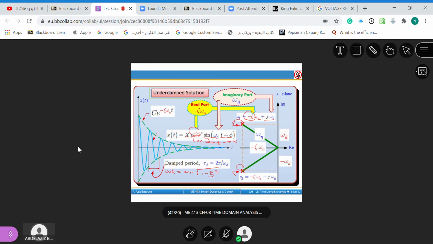So the real part is responsible for the decay, and omega d is responsible for the sinusoid. These are the parameters when zeta is less than 1, when the system is underdamped. So this is for the case of an underdamped system, when zeta is less than 1, and we wrote it in this form.